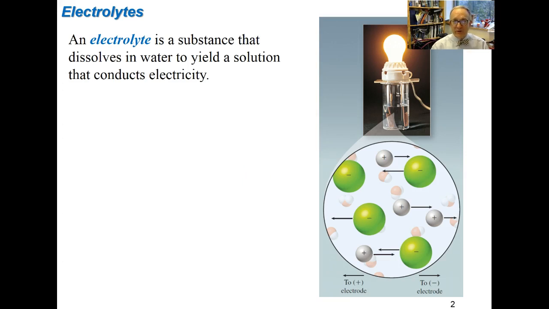We can take solutions and classify them as being electrolytes or non-electrolytes. An electrolyte is a substance that dissolves in water to yield a solution that conducts electricity. In the picture to the right, there's a beaker with a solution in it, a couple of electrodes, and some copper wires coming off of the light bulb apparatus that's hooked up to some sort of power supply.